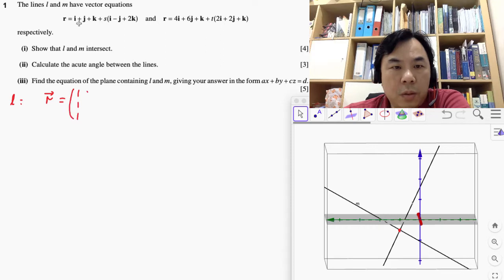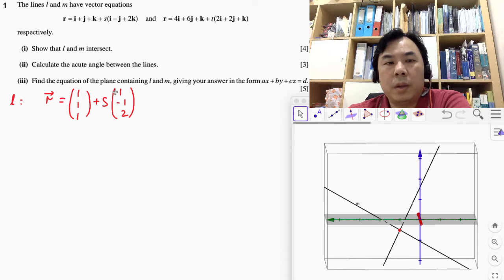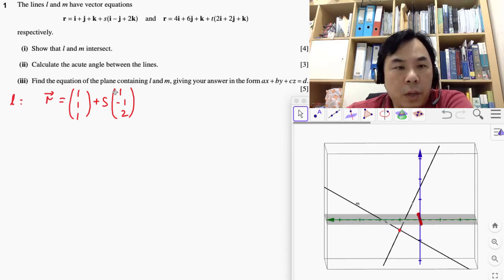So in terms of matrix format, it looks something like this for line L. Okay, so that's line L. And then for line M, it will look something like this. Maybe this one I will just write down L, this is M, easier for us to differentiate between the two. 4, 6, and 1 here.